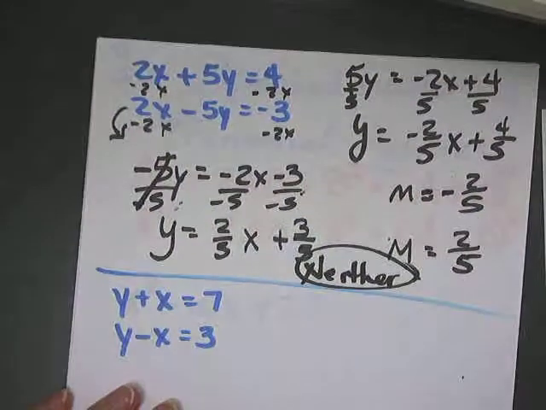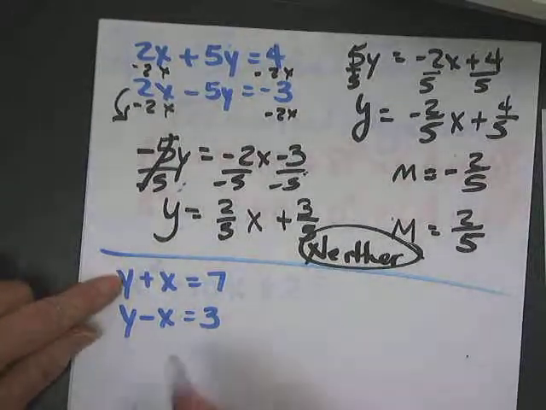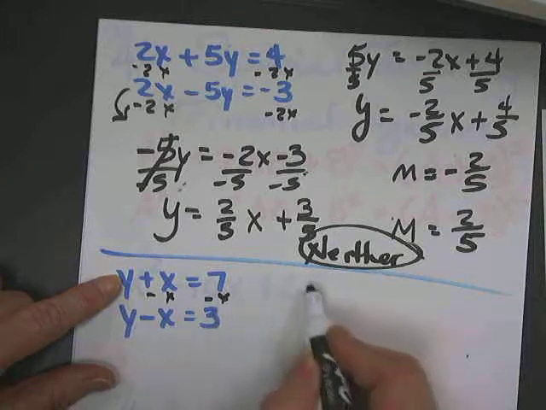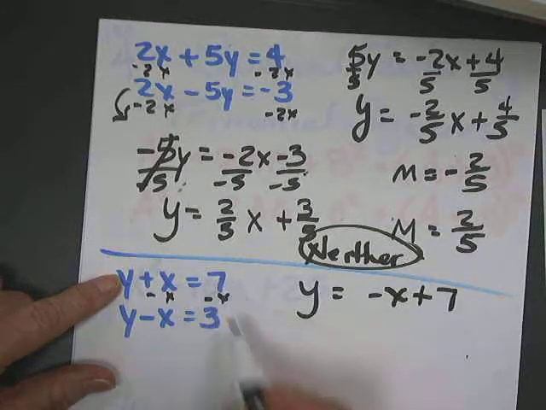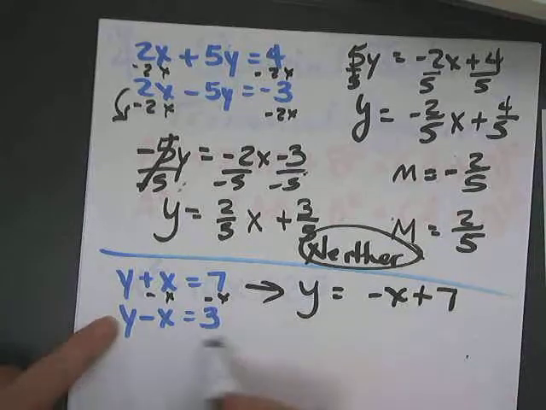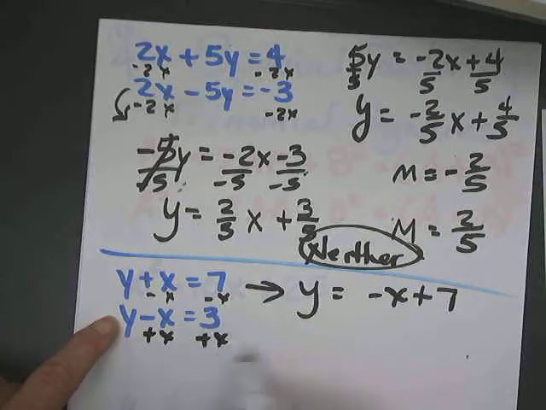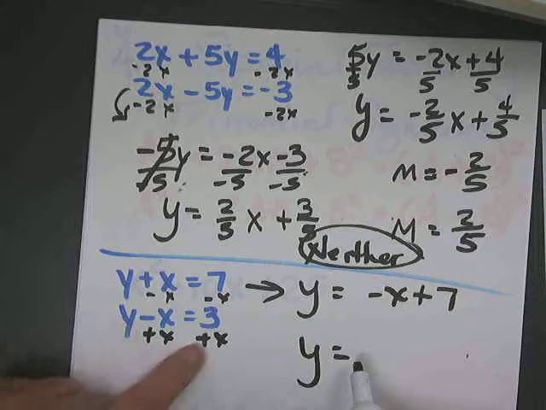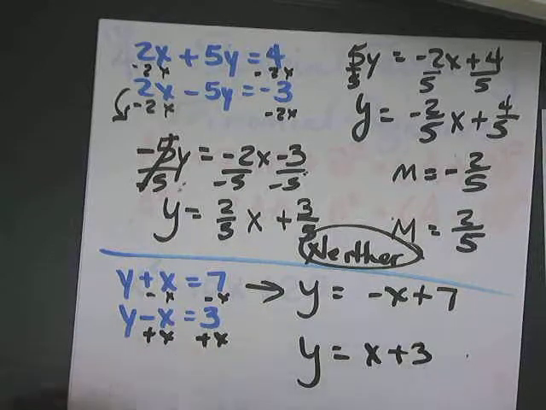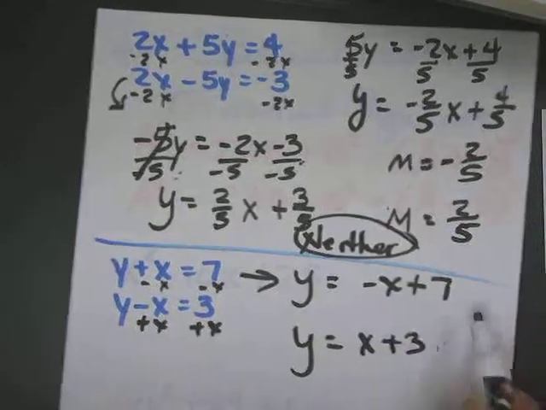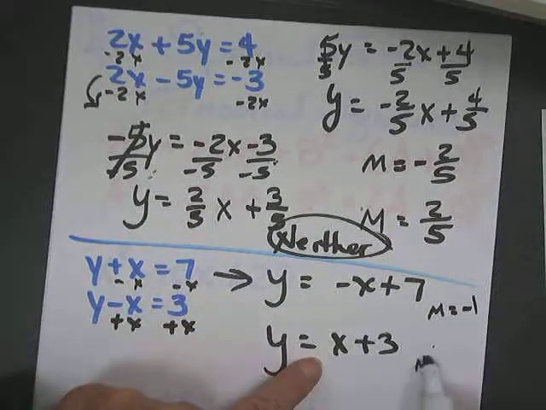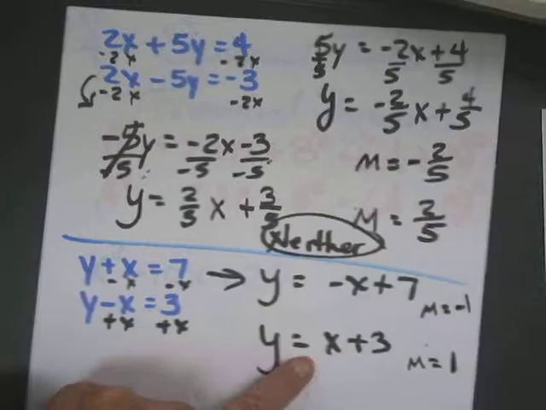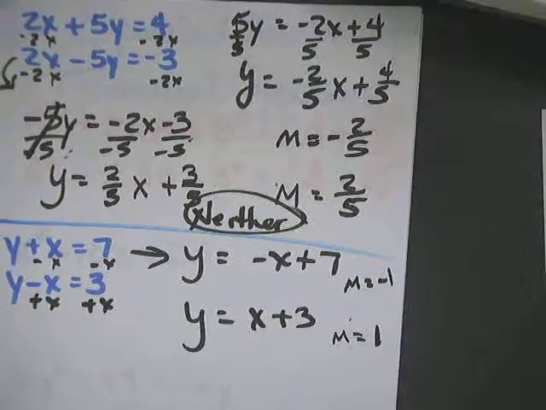Okay, divide by negative 5. Y equals, negative negative is positive. What's the slope of this one? Positive 2/5. Is that either the same or negative reciprocals? Neither. They're different signs, but they're not reciprocals. So this is neither.